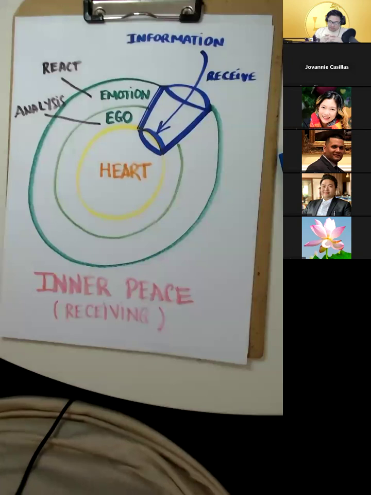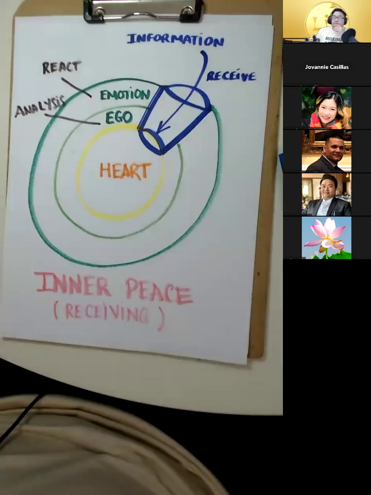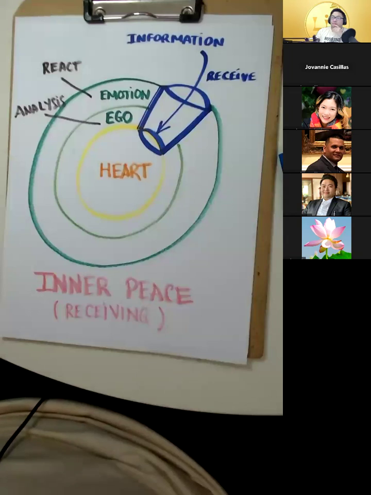And the whole point is to find the inner stillness, which is that inner peace in between the heartbeats, in between breaths, where we can receive the most genuine truth, information. Anything that we want to question can be answered from that place. And I think that's what makes us all superheroes when we use it.